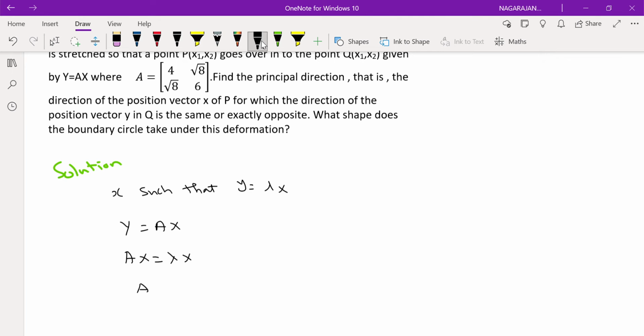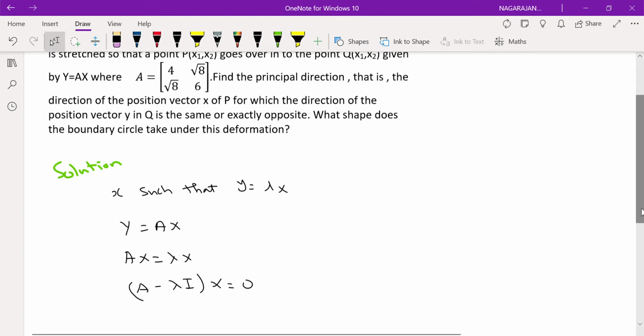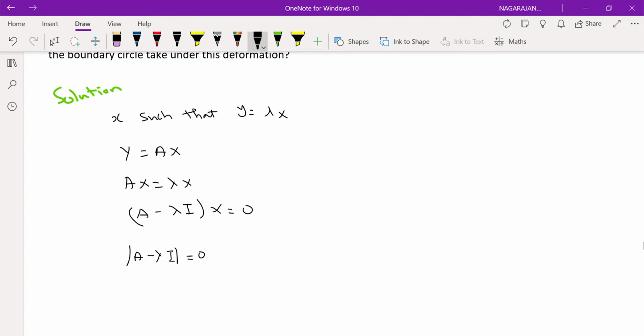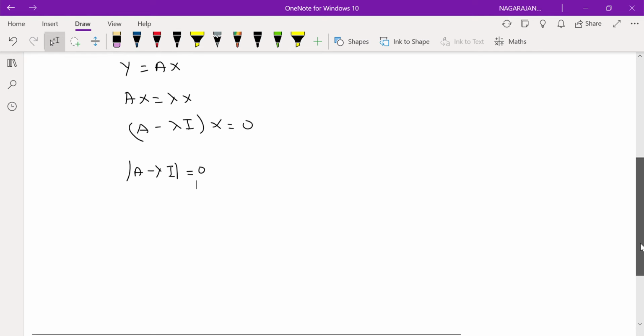So (A minus lambda I) x equal to 0. So it is a singular matrix, so the determinant of A minus lambda I equal to 0. So we need to find the characteristic equation of the given matrix.